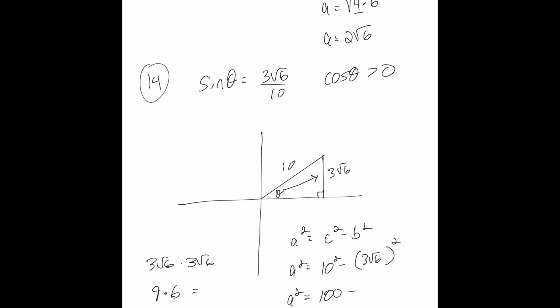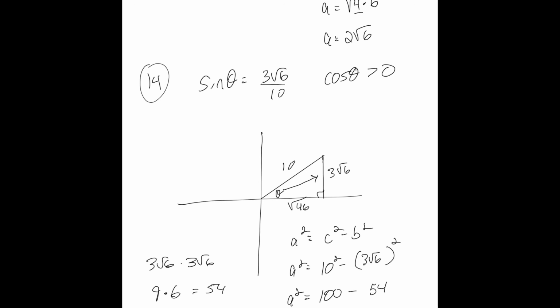So 9 times 6 is 54. So I'm doing 100 minus 54. And that is 46. And I got to square root both sides. So A is, there are no perfect squares that go into 46. So just leave it √46. So that is a positive √46.